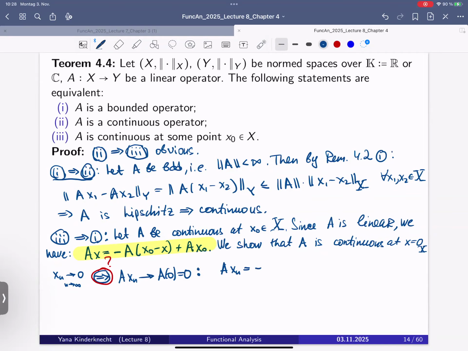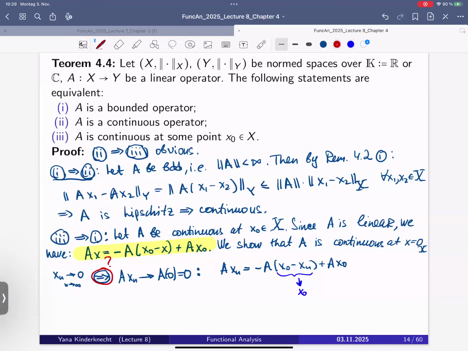So this is minus A of x0 minus Xn plus A of x0. But x0 minus Xn converges to x0, and under our assumption, A is continuous at x0.